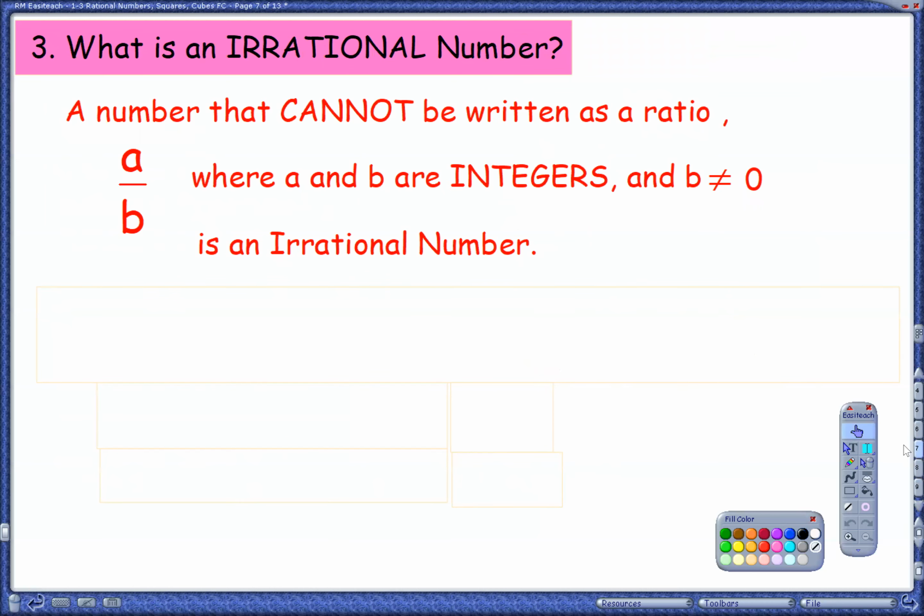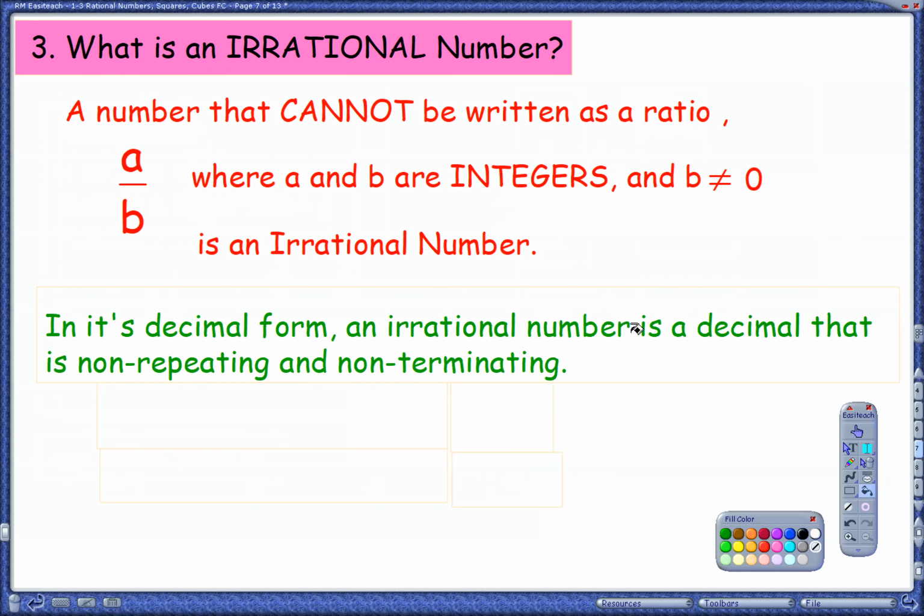So then what is an irrational number? An irrational number is a number that cannot be written as a ratio, where a and b are integers and b is not equal to 0. In its decimal form, an irrational number is a decimal that is non-repeating and non-terminating.